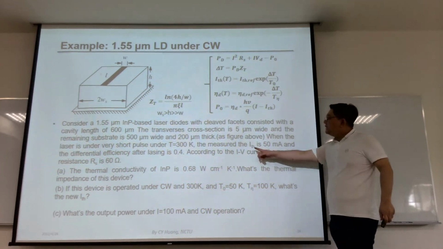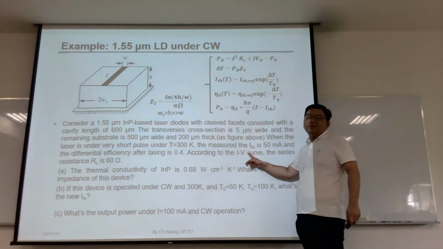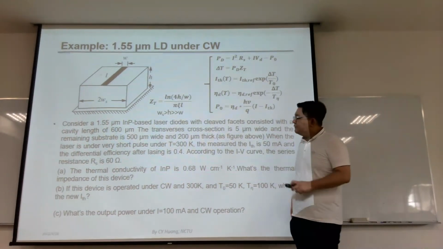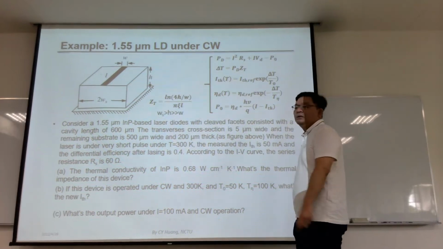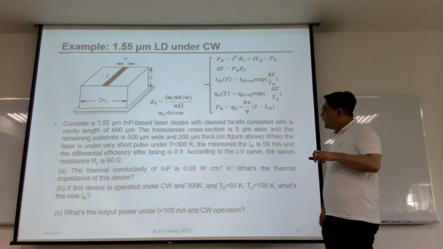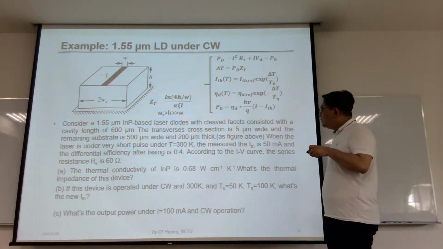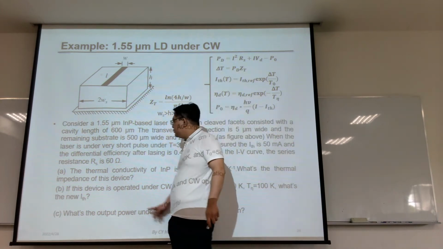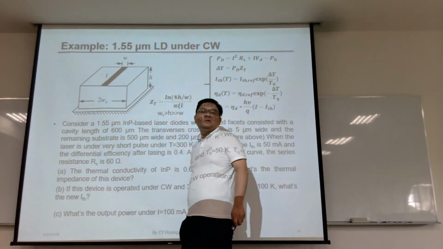We found that the ITH is 50 milliamp, and differential efficiency delta D is 0.4. Not too bad. According to the IV curve, its series resistance is about 50 ohm.